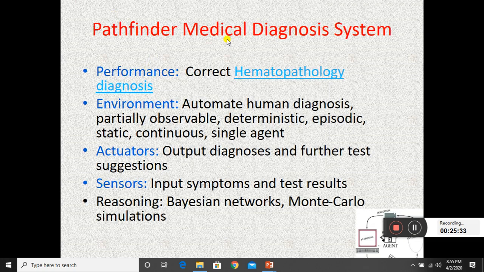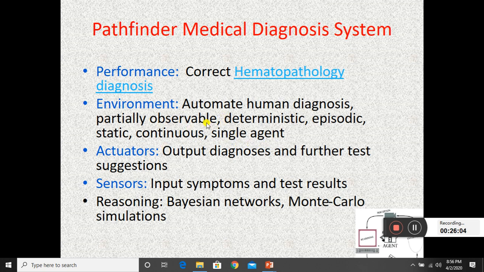Take the Pathfinder medical diagnosis system, with four headings: performance, environment, actuator, and sensor. Performance is the correct homeopathic-like diagnosis. The environment is an automated human diagnosis setting: partially observable, deterministic, episodic, static, continuous, single agent.